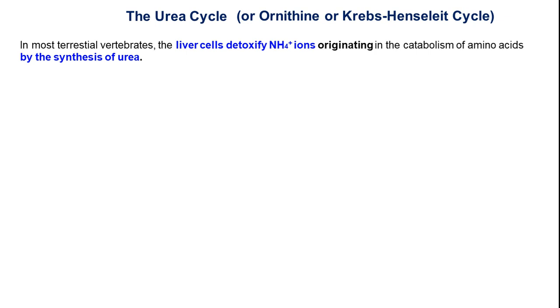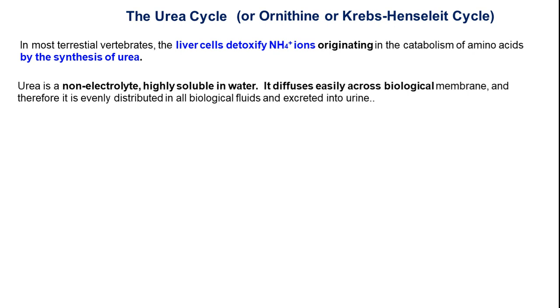In most terrestrial vertebrates, liver cells detoxify ammonium ions obtained from catabolism of amino acids by converting them to urea. Urea is a non-electrolyte and it is highly soluble in water. It diffuses easily across biological membranes. So the bad characteristics that we have seen in ammonia became good characteristics over here.